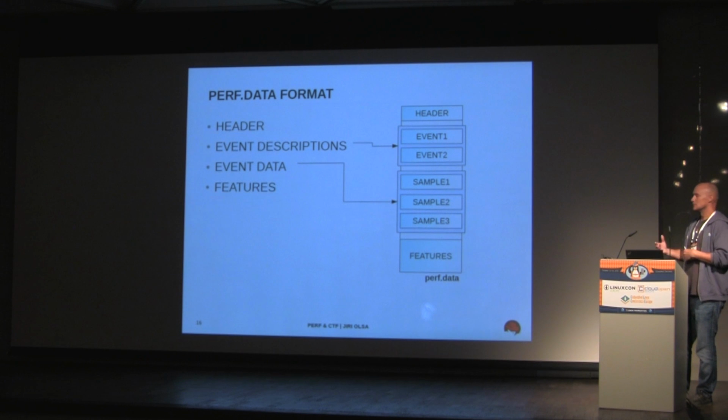Basically, the data can be divided into the following four sections. We have some standard header fields. We have events, where we store the event definitions, and then we store the data. And at the end, we store something we call features, which is basically the rest of the system data I was mentioning before.